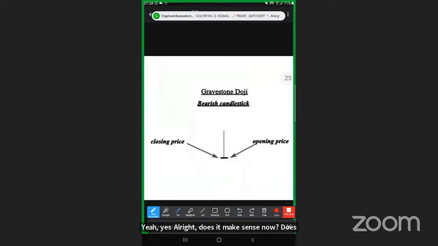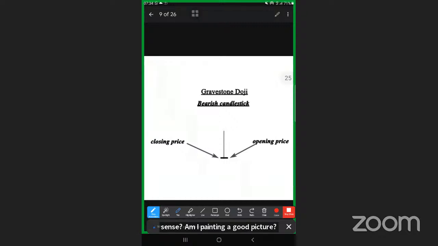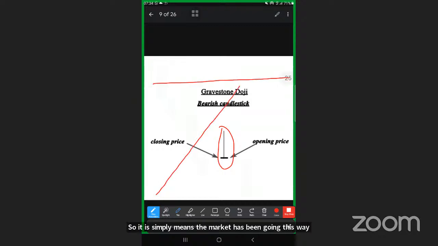Does it make sense now? Am I painting a good picture when it comes to Gravestone and Dragonfly? Can you see this has been flipped upside down? It simply means the market has been going this way and is reaching an area of resistance. It is touching an area of resistance. Now it is being resisted, so you are going to see the formation of this.